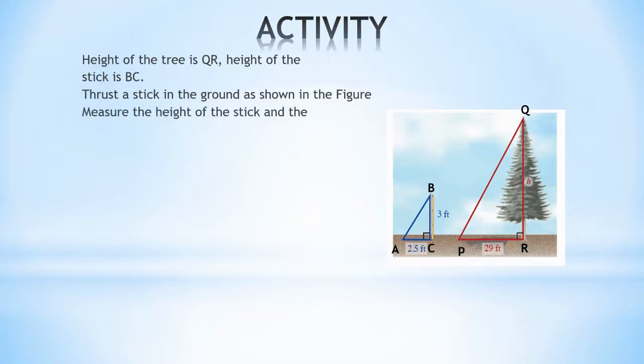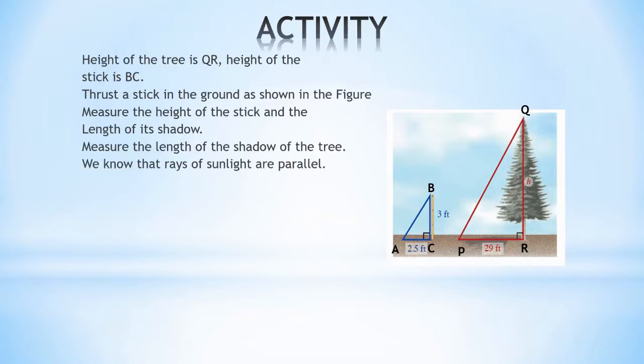Measure the height of the stick and the length of its shadow. Measure the length of the shadow of the tree. We know that rays of sunlight are parallel. Hence, both the triangles will become equiangular, which means their angles will be the same.